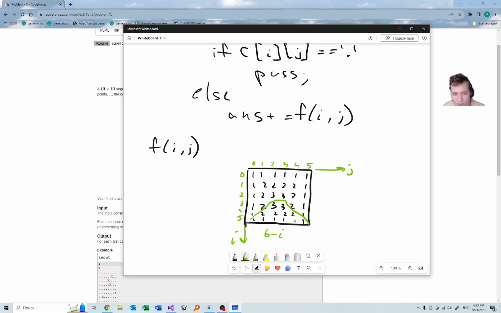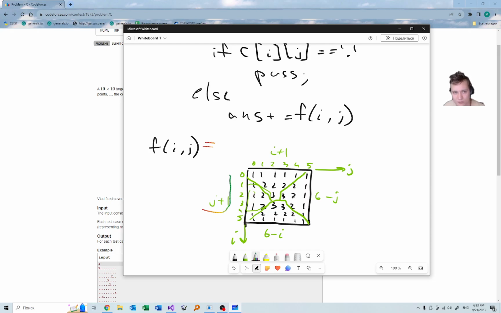Okay. Also, we have this part. This is a triangle. Here, the answer is 6 minus j. Also, you have this part, where the answer is I plus 1. And finally, in this part, the answer is j plus 1. And you can notice that actually always the minimum of these four numbers is chosen.